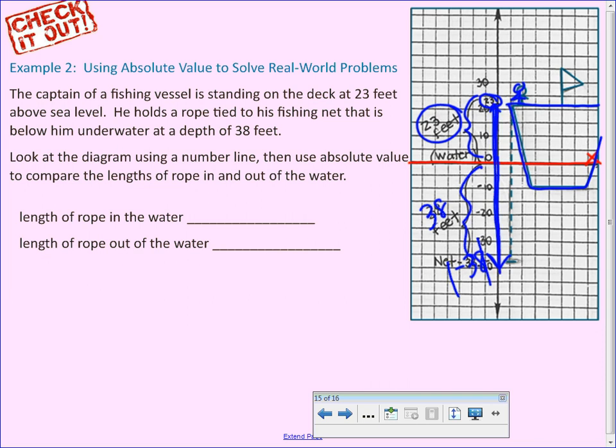If he has 23 feet above the water, and he has 38 feet in the water, how long is his rope total? His rope is 61 feet long, because he's got this 23 feet above the water and that 38 feet below the water.